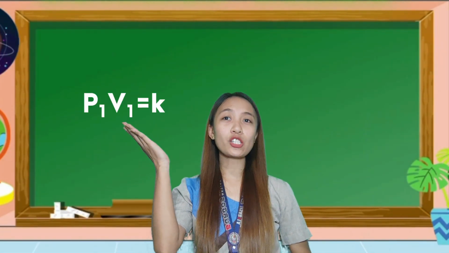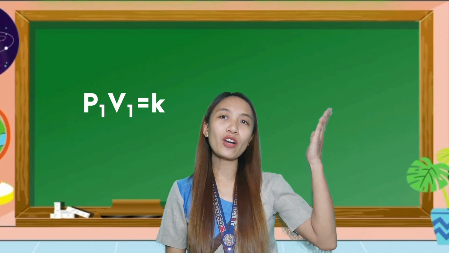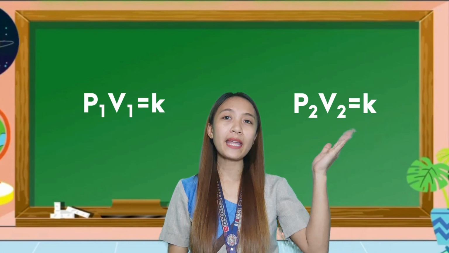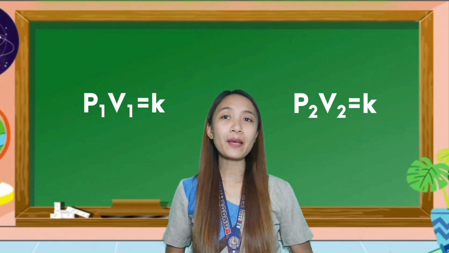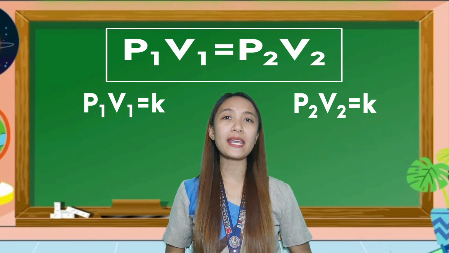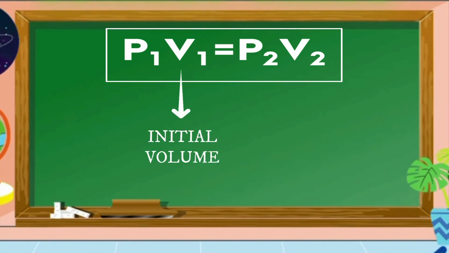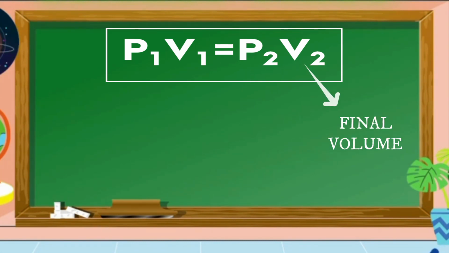Since the product of the initial pressure and volume is equal to k, and the product of the final pressure and volume is also equal to k, then we can express Boyle's Law in the equation P1 times V1 is equal to P2 times V2, where P1 is the initial pressure, V1 is the initial volume, P2 is the final pressure, and V2 is the final volume.